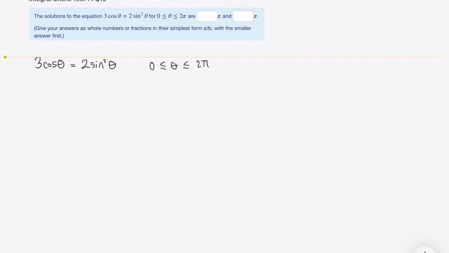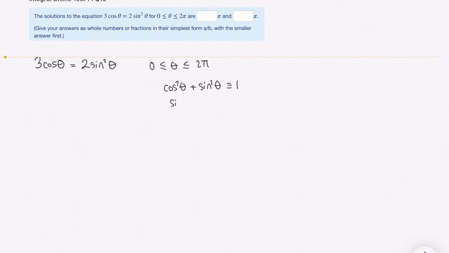Well, what we need to remember here is we need to set up an equation that's either just in cosine theta or just in sine theta, and we're going to use our identity that cosine squared theta plus sine squared theta is identical to 1. What will be useful is to substitute in for sine squared theta here, so we get an equation just in cosine theta.